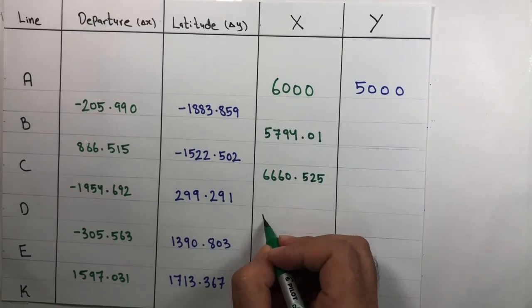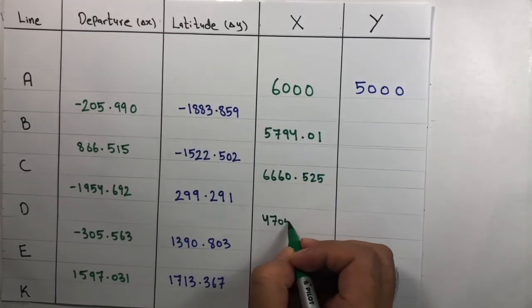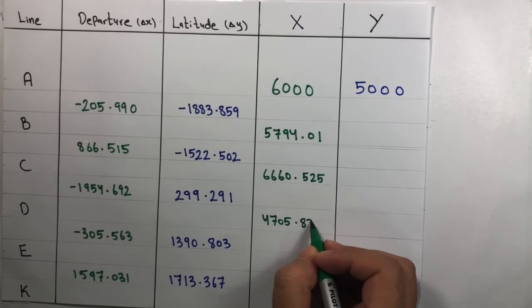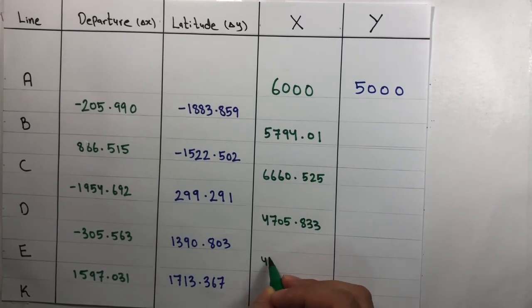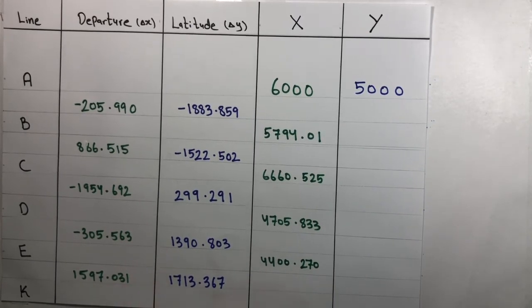We'll get 4,705.833 minus 305.563. We'll get 4,400.270, and finally we'll add 1,597.031 and we'll get 5,997.3.